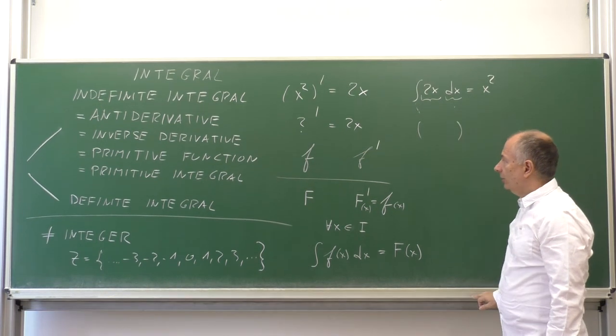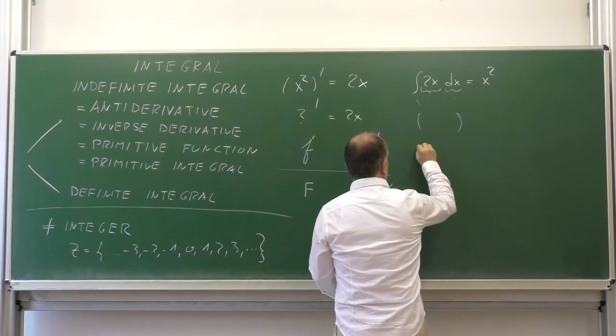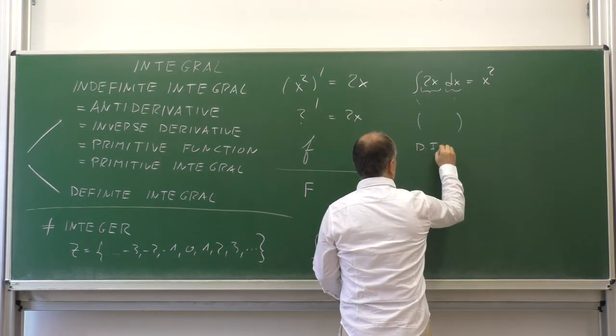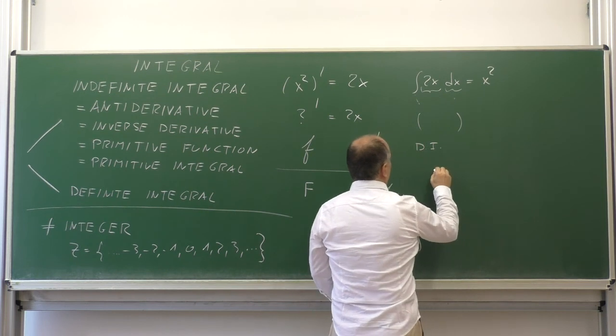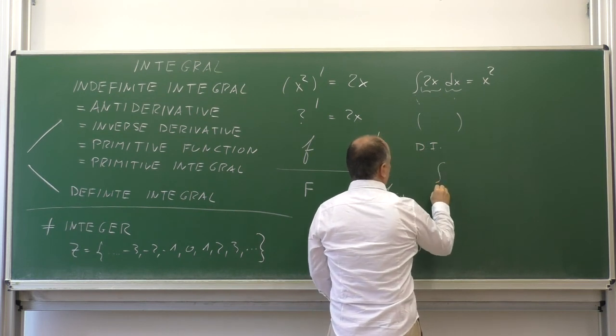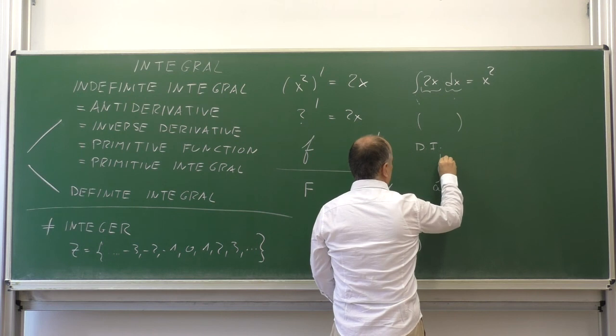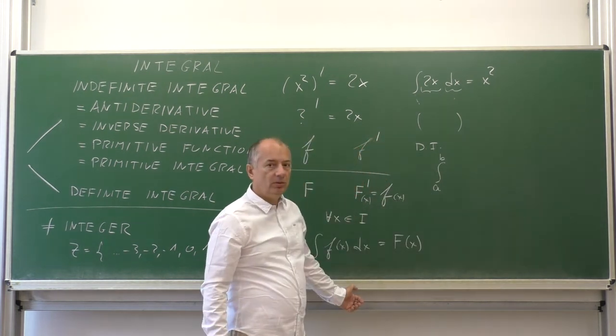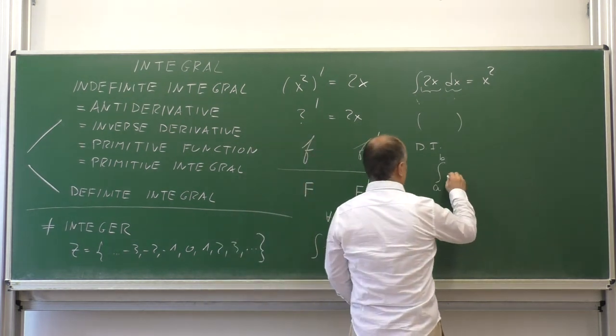and definite integral is when we write some values, some numbers below and above the integral sign.